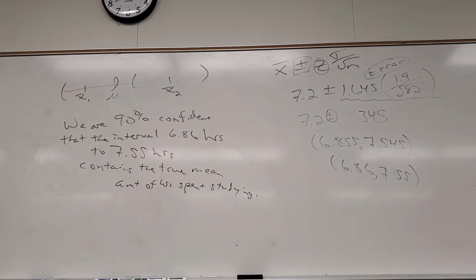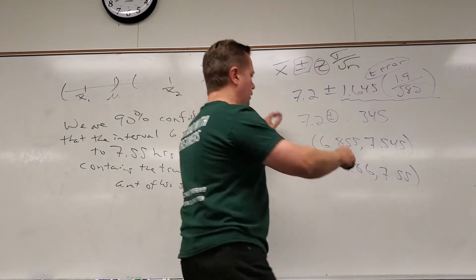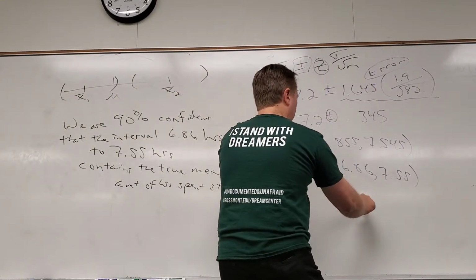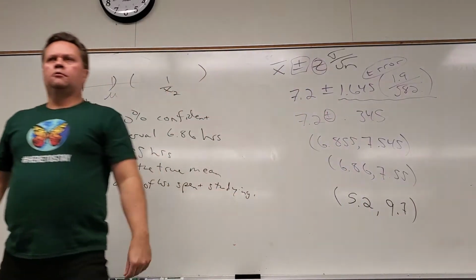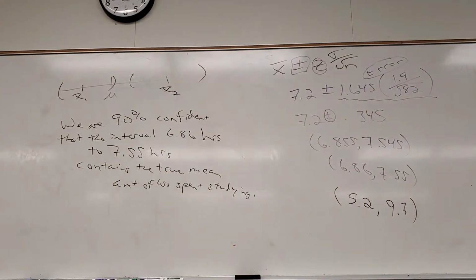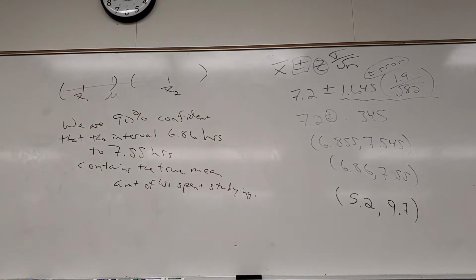So tell me this, if some other group did this whole thing and they got an interval like 5.2 up to 9.7, which one of us got better results, or maybe did more thorough work? Which interval is better?